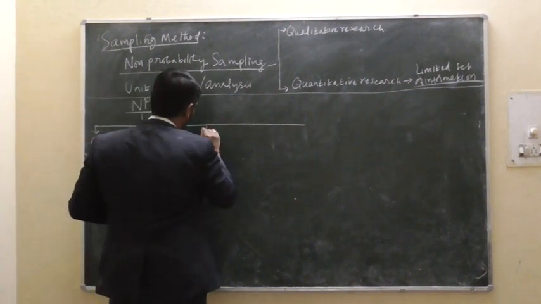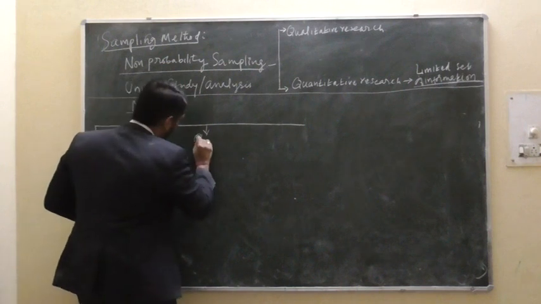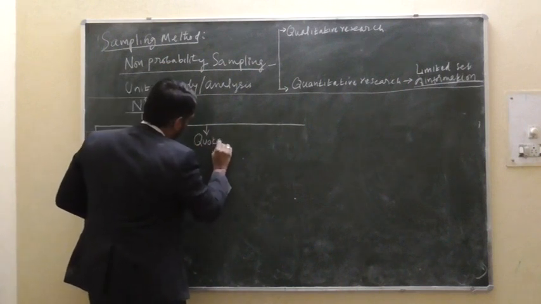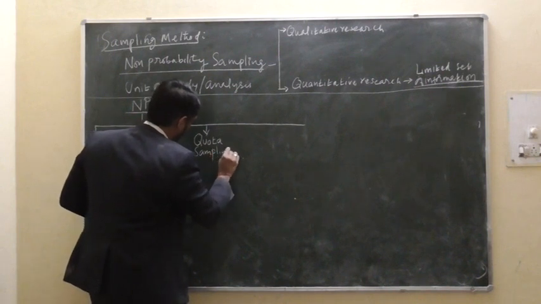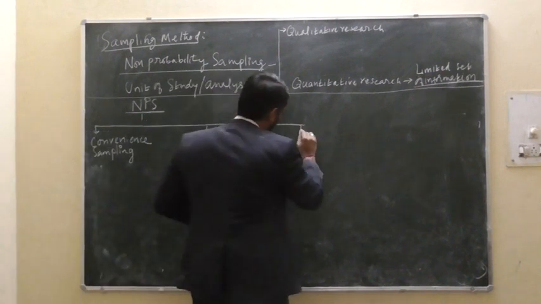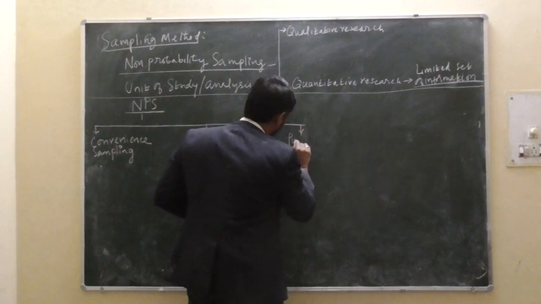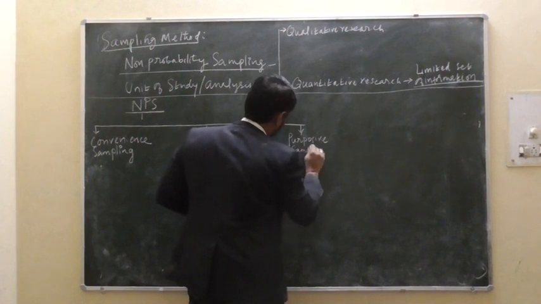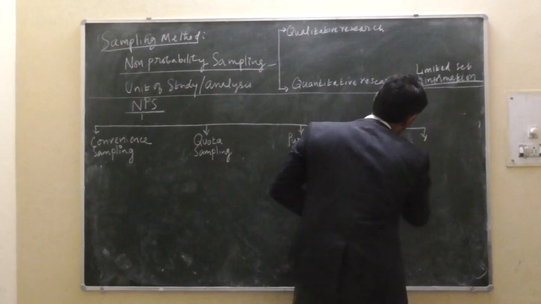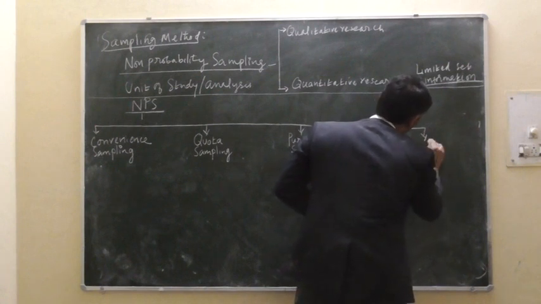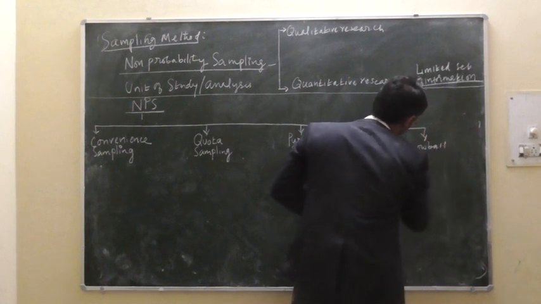The second is quota sampling. The third one is purposive sampling. And the fourth one is snowball sampling.